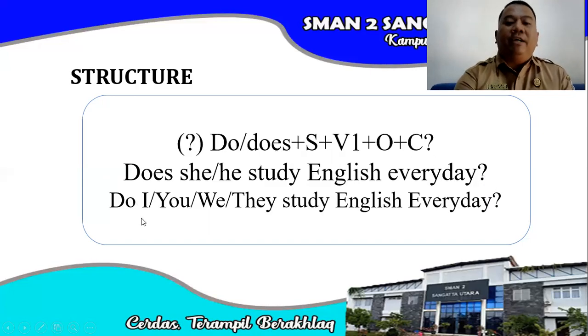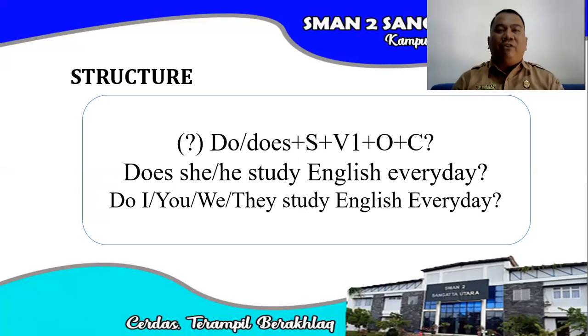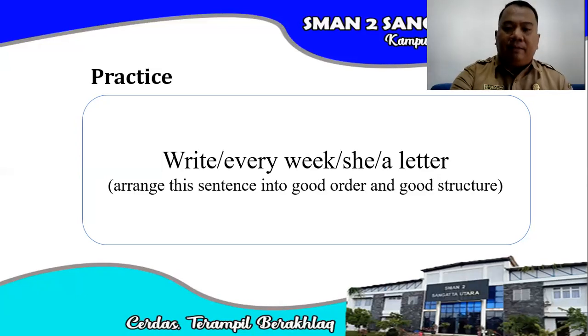However, if we start with do, the subject could be I, you, we, or they, and study is the verb, English is the object, and everyday is the complement, and question mark. Okay, you have to remember the positive form, negative form, and interrogative form of simple present tense. I hope all of you understand the three forms in simple present tense.